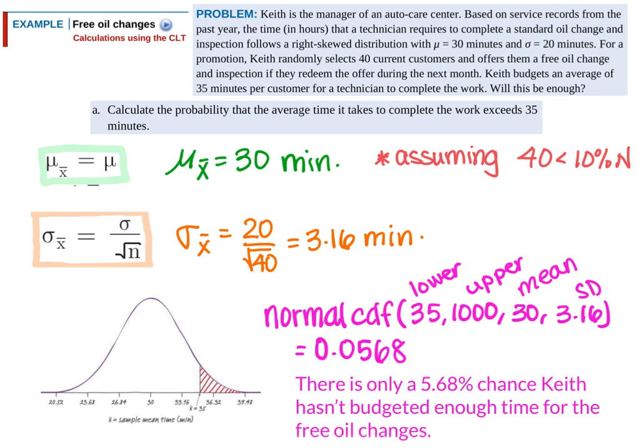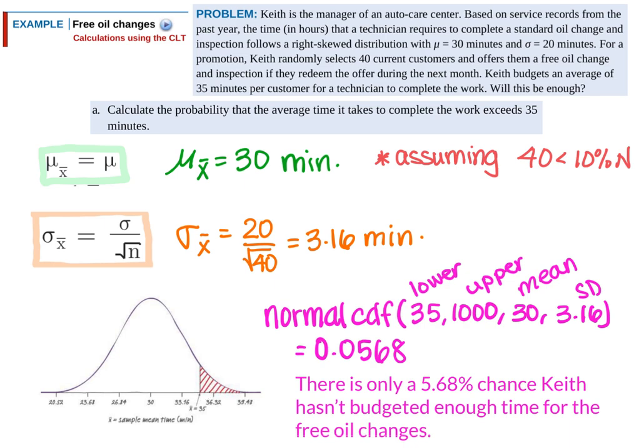So I want to find the probability that it takes more than 35 minutes. What are the odds that Keith didn't budget enough time? So graphically, it's something like this, where we have a normal distribution, and if X bar is 35, so that's the 35 minutes that Keith has budgeted, I want to know what the probability of landing in this shaded area would be.